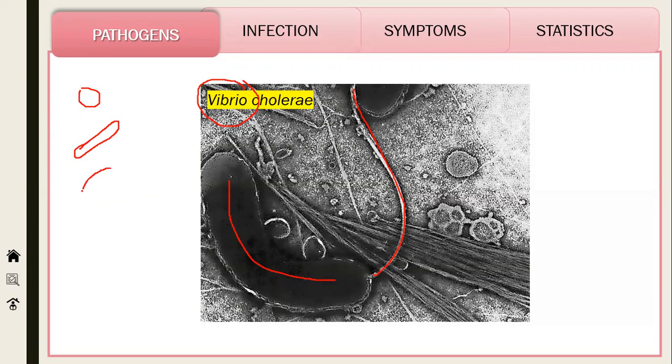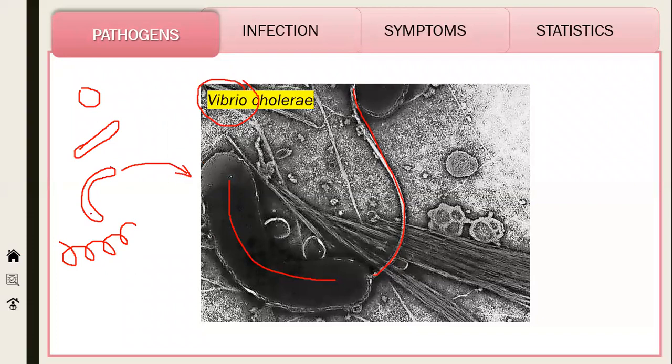The bacteria which have a kind of comma shape are called vibrio. And the bacteria which have a spiral shape are called spirilla. So the bacteria which cause cholera have a comma shape. So this is the pathogen of cholera.